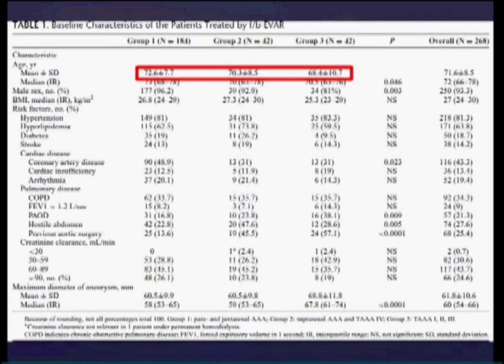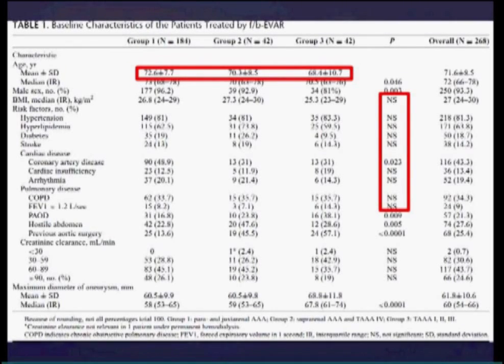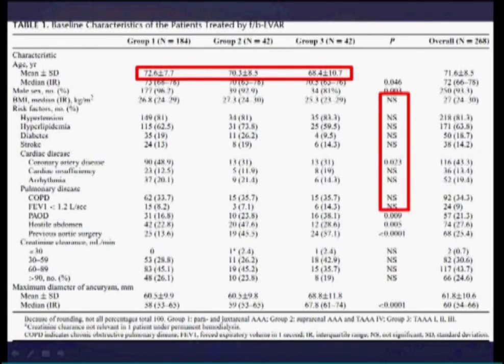This is a pretty busy table. What I'm just trying to show you is that the average age was about 70. The baseline characteristics of the patients were not different between these 3 groups of group 1, group 2, and group 3.